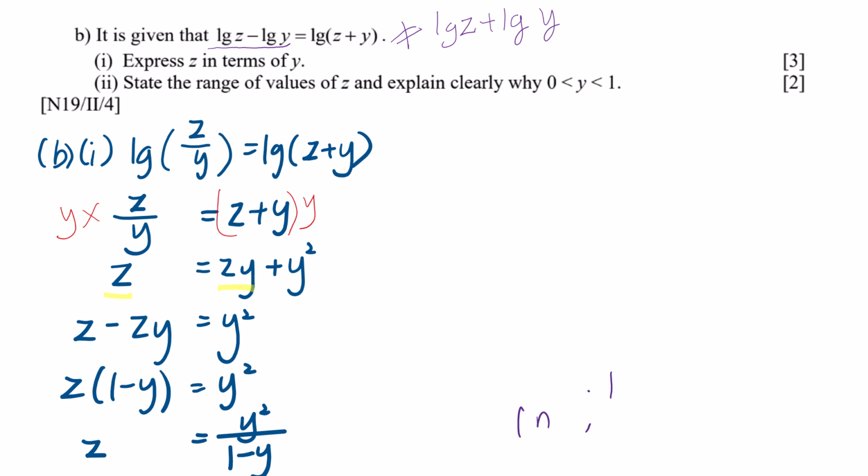So for part 2, we are asked to state the range of values of y and explain clearly why y must be more than 0 and less than 1. Alright, so if you were to look at your logarithmic equations again, you will see that for any log to be defined, the value of y must be positive, more than 0.